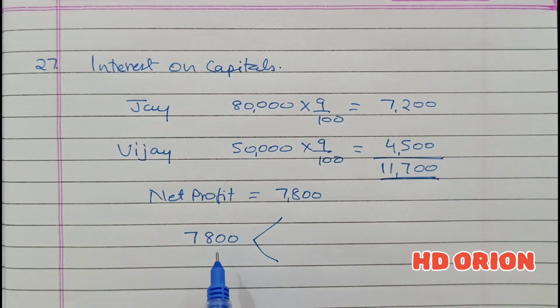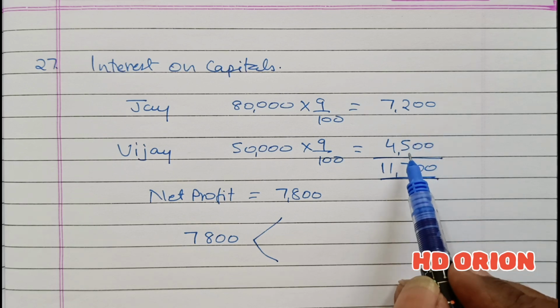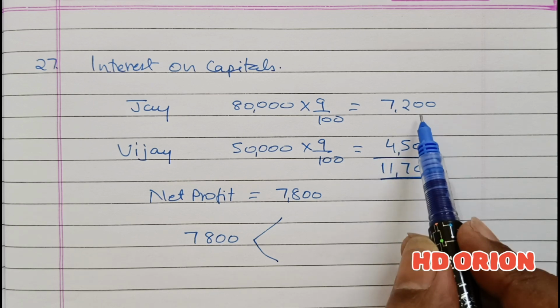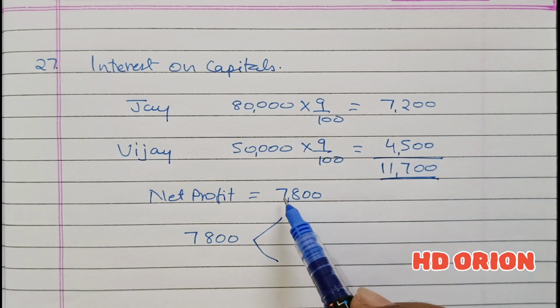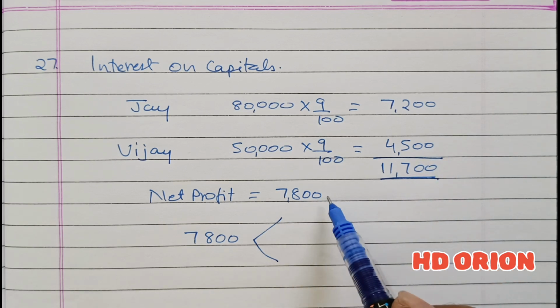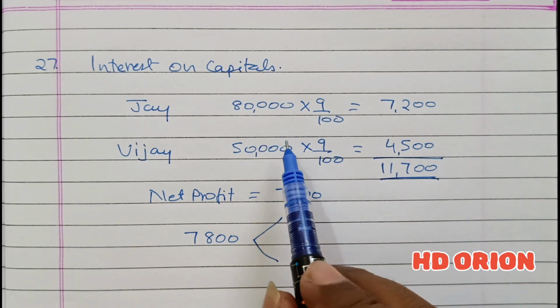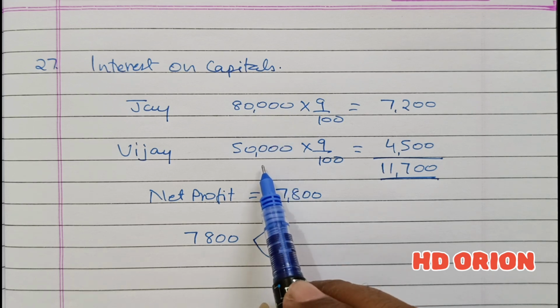You cannot say that we will give 7,200 to Jay and remaining 600 to Vijay, or that you will give 4,500 to Vijay and the remaining to Jay. That will be injustice. Even if you divide this into two equally, then also it will be injustice because their capitals are different. So Jay should get according to his capital investment, so shall Vijay.